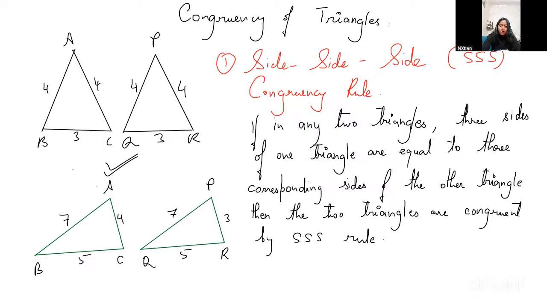For right angle triangles, we have the RHS congruency rule, that is right angle hypotenuse side rule. I'll do all these rules with you and then we will do symmetry. Tomorrow we will do the SAS and ASA rules.